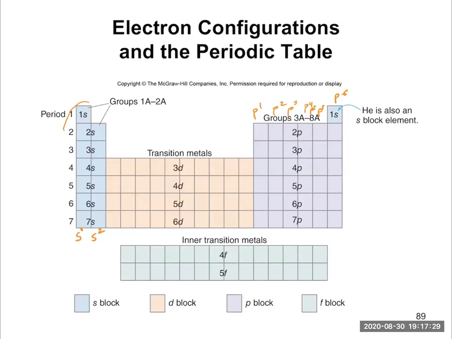So this is why they call this the P block. They call this the D block, and they call this the S block and the F block. Everything in here is going to end up in f. It just makes it easier. You're learning, so I would say get used to the notation first and then use this block system. I have posted some videos for you to watch and we can do some problems together.